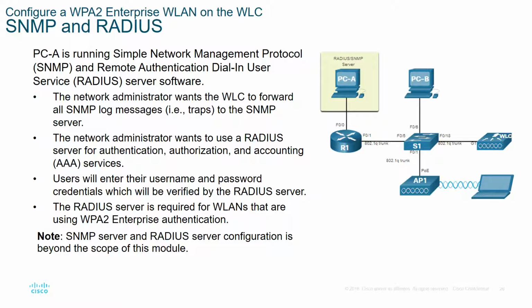The network administrator wants to use the RADIUS server for authentication, authorization, and accounting, AAA services. Users will enter their username and password credentials, which will be verified by the RADIUS server. The RADIUS server is required for WLANs that are using WPA2 Enterprise authentication. Note: SNMP server and RADIUS server configuration is beyond what we can do within the module.